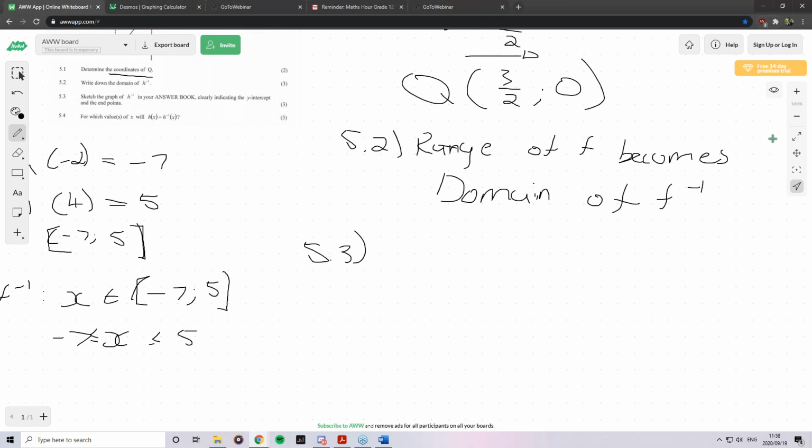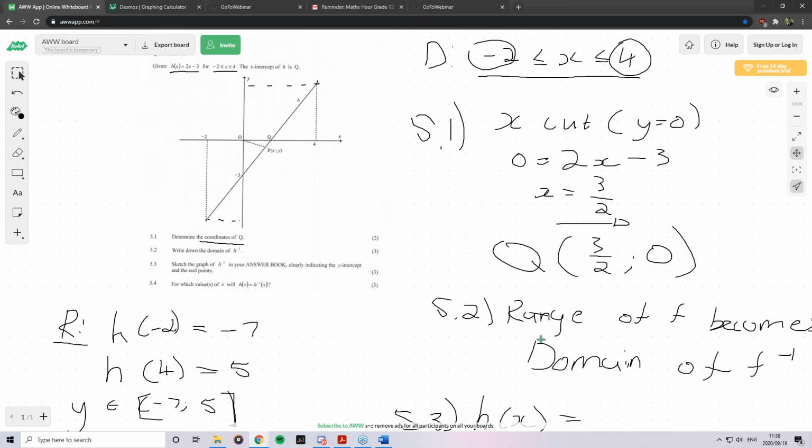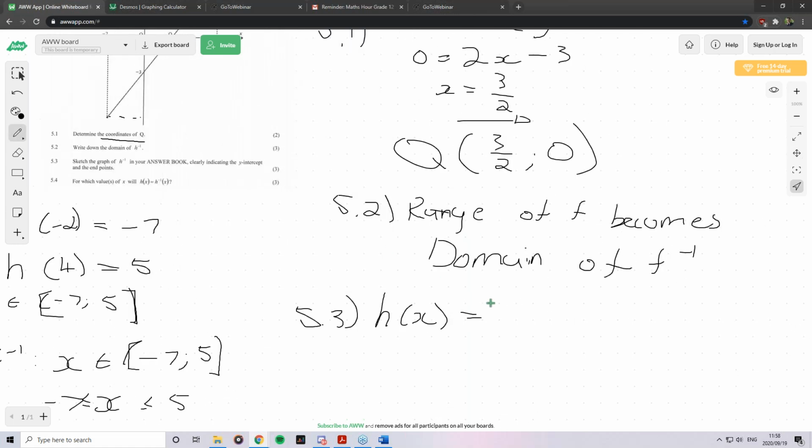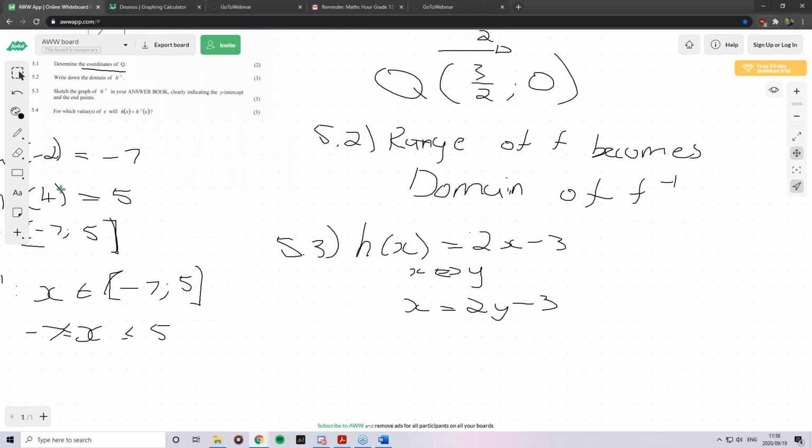If h of x is equal to 2x minus 3, and I swap x and y, I get x is equal to 2y minus 3, and I get that y is equal to x over 2 plus 3 over 2.